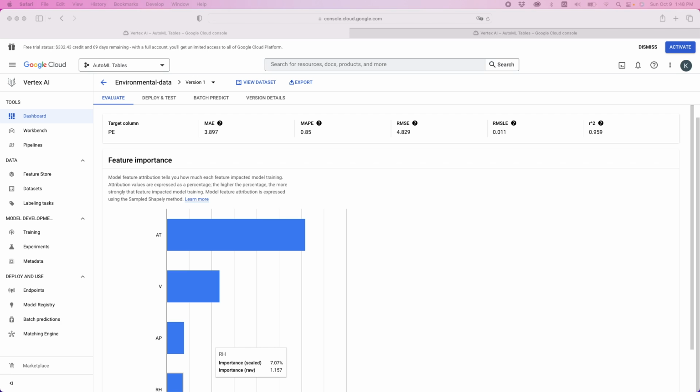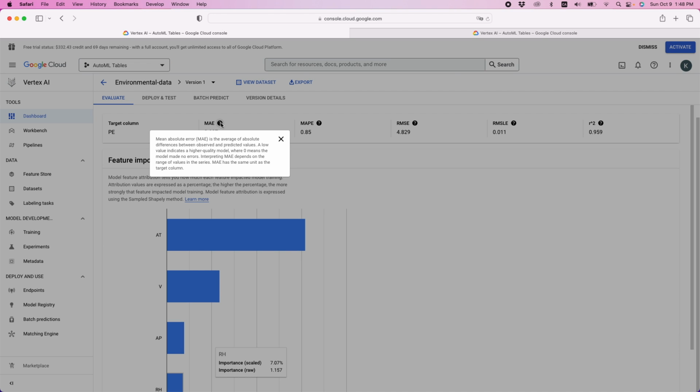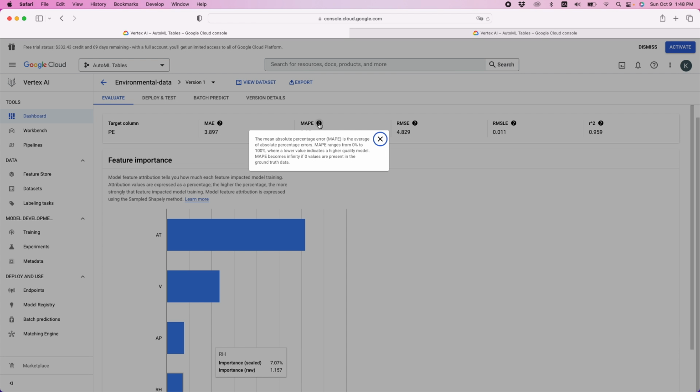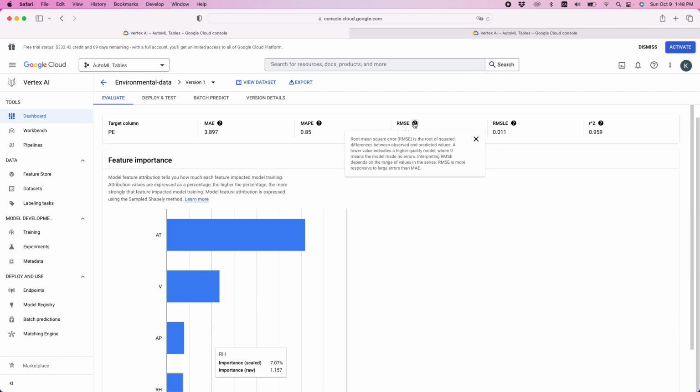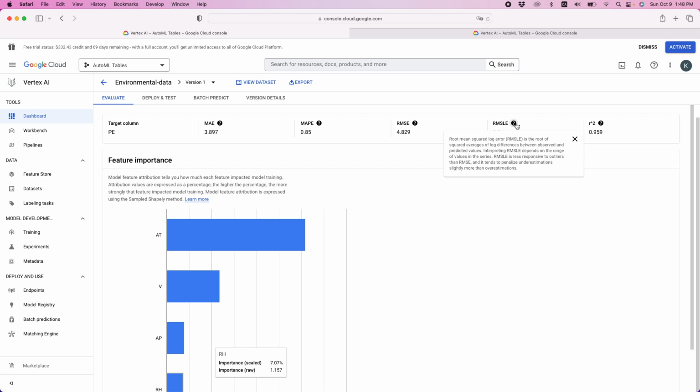AutoML calculated all key output metrics for us, and as you can see on the screen, these metrics include mean average error, mean absolute error, then mean absolute percentage error, root mean square error, as well as root mean squared log error. And finally, R squared is calculated for us as well.